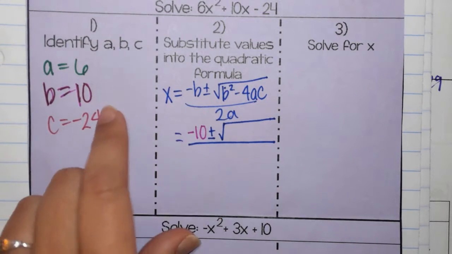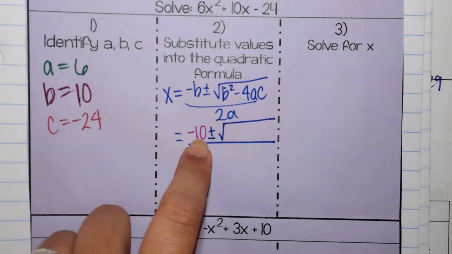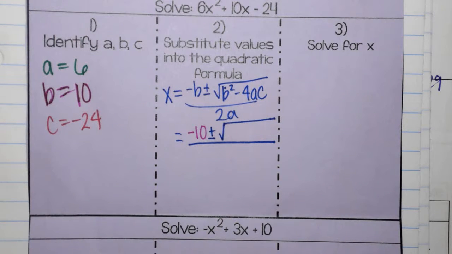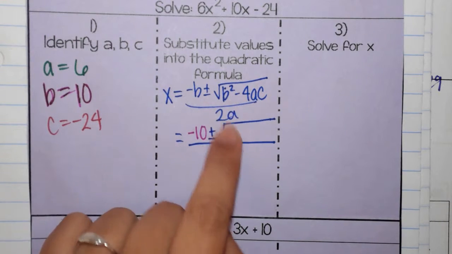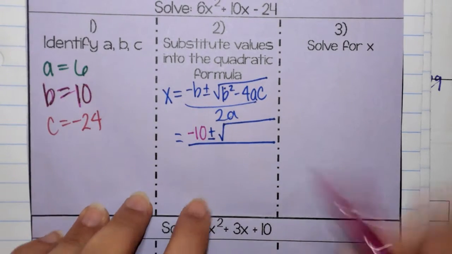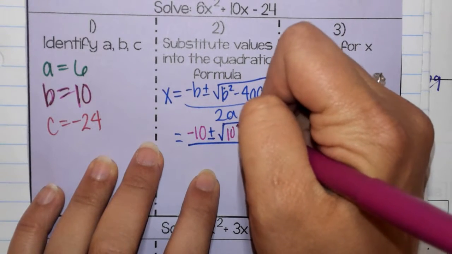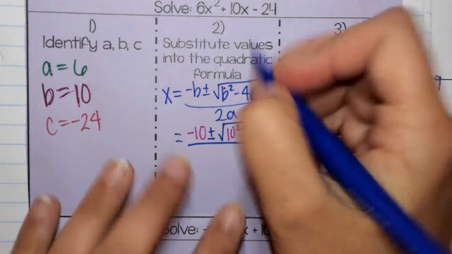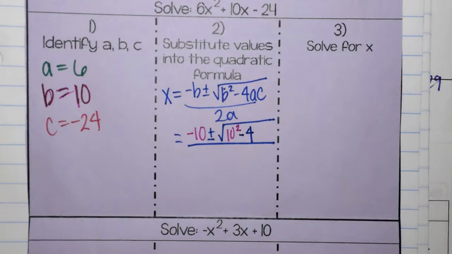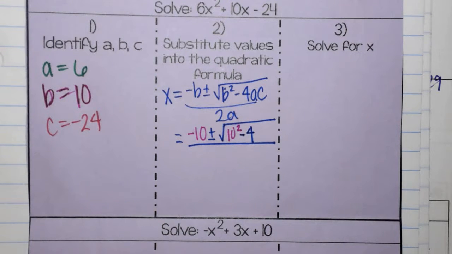Alright, so opposite of B. B is 10, so it's negative 10. What goes inside the radical first? It's B squared, so what's B? So it's 10 squared, minus 4. That will always be a 4. Is everybody with me so far?